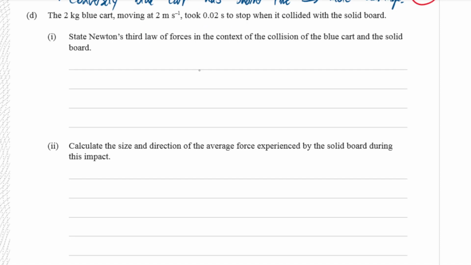Alright, and last question, D. We're given information about the blue cart and its collision time. State Newton's third law of forces in the context of the collision of the cart and the board.